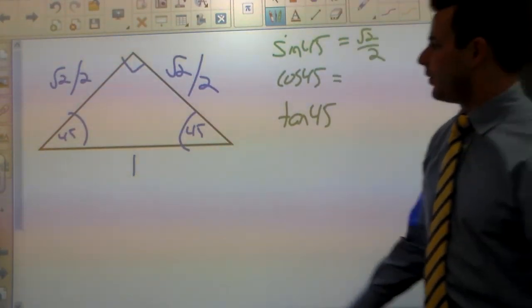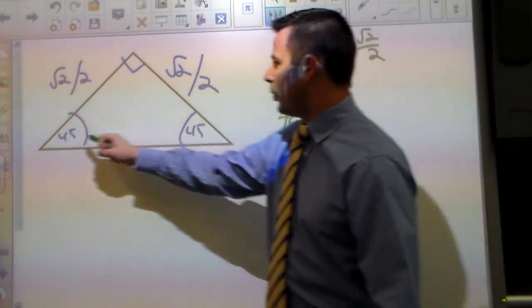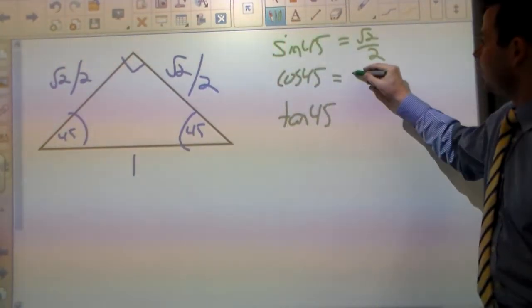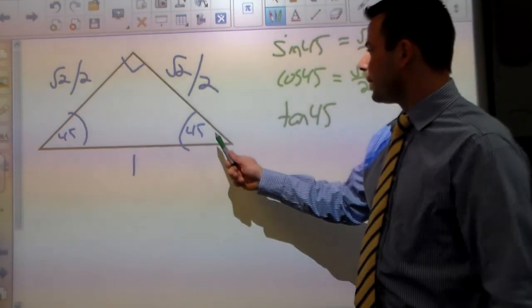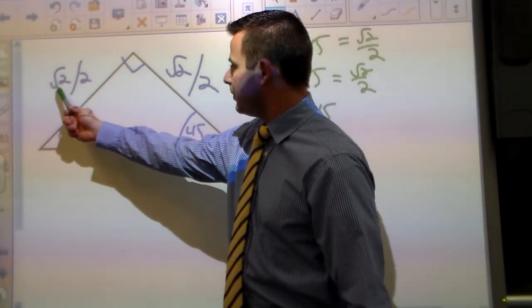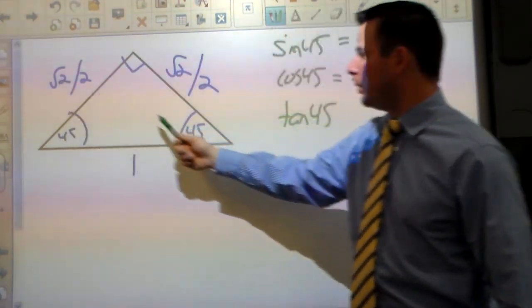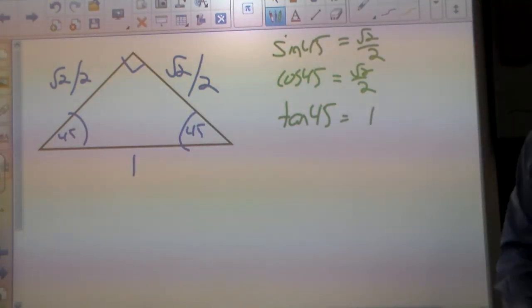The cosine of 45, it doesn't matter which 45 you're talking about, the adjacent is radical 2 over 2. But guess what? So is the opposite. Therefore, sine and cosine are the same values at 45 degrees. Tangent of 45 is opposite over adjacent, radical 2 over 2 divided by radical 2 over 2, which is 1.